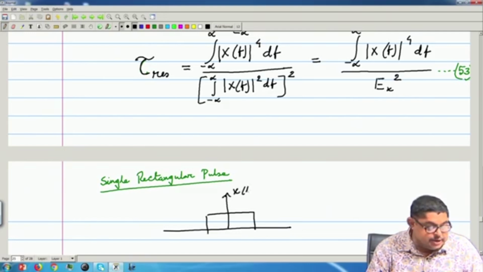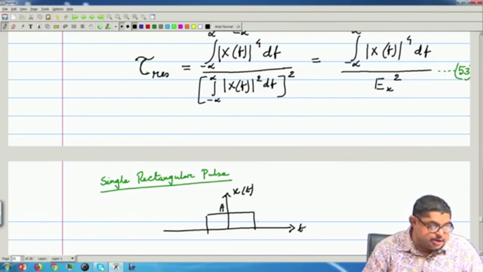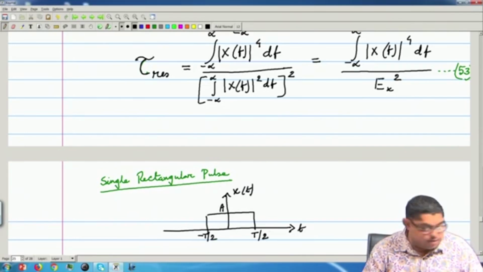This is x(t), this is t, this is A, this is minus t by 2, this is plus t by 2.